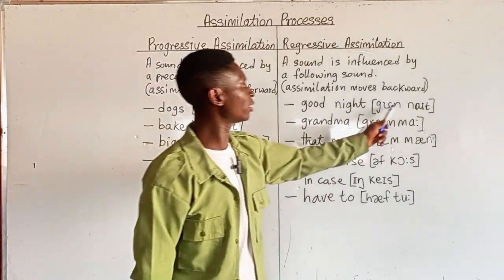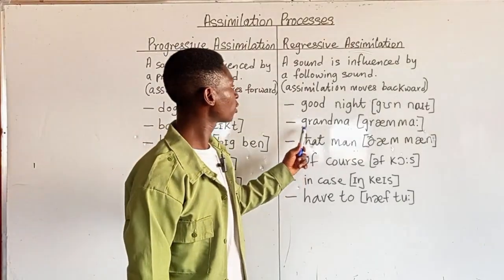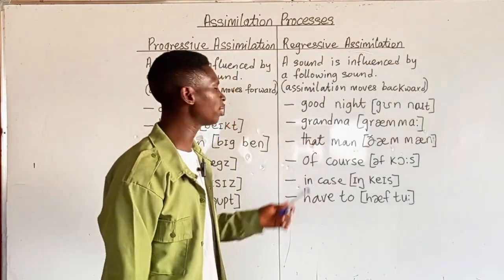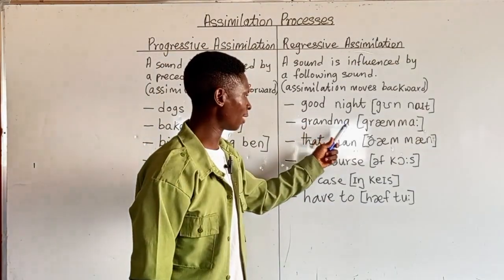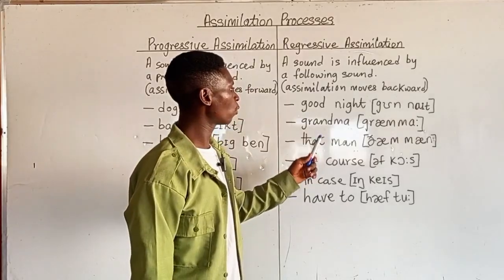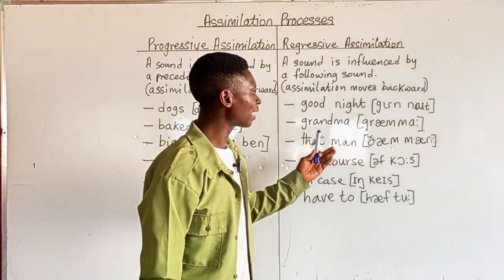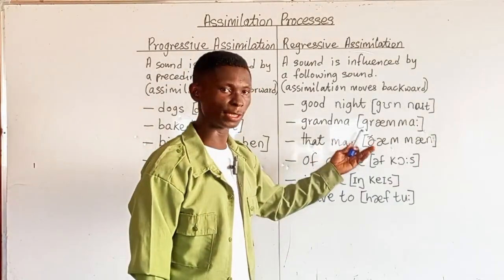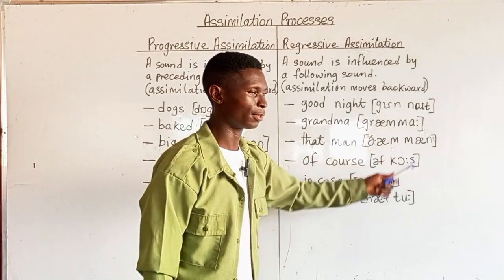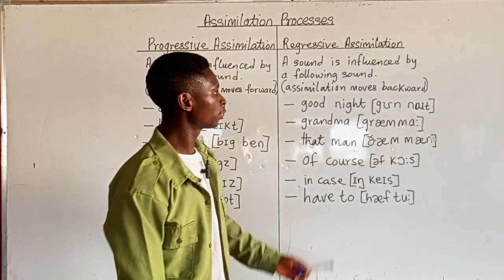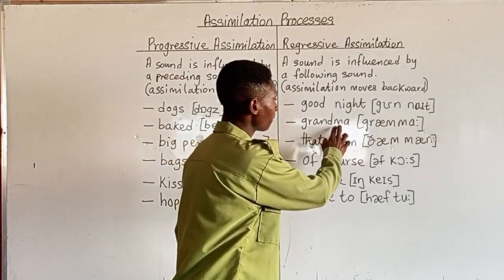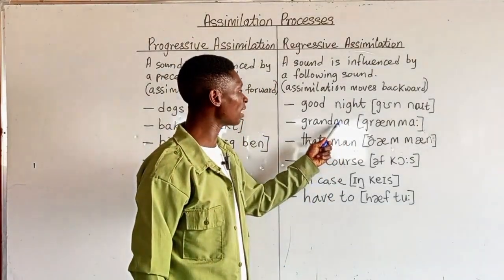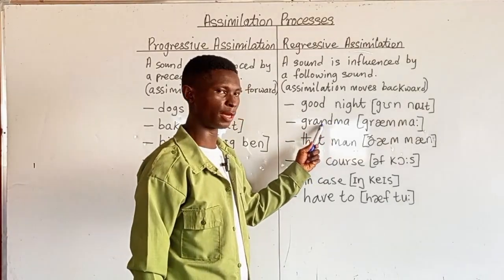All right, so we have good night. Again, we have grandma. If you want to say it slowly, you have grandma. But when you say it fast or in connected speech while you're reading, you have grammar. So here, the sound we have in place of m will influence whatever we have here.